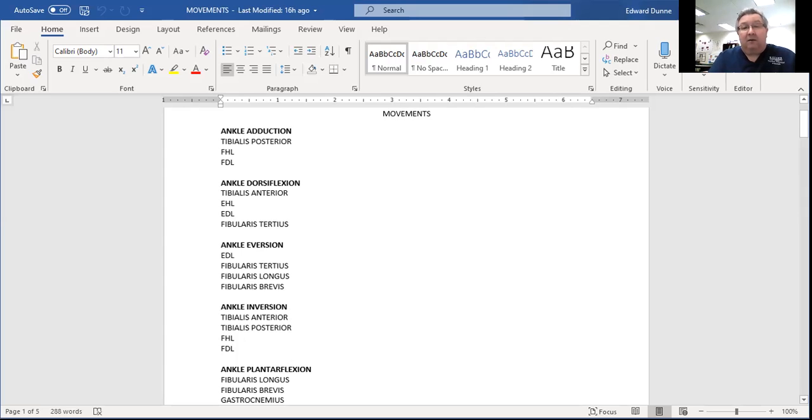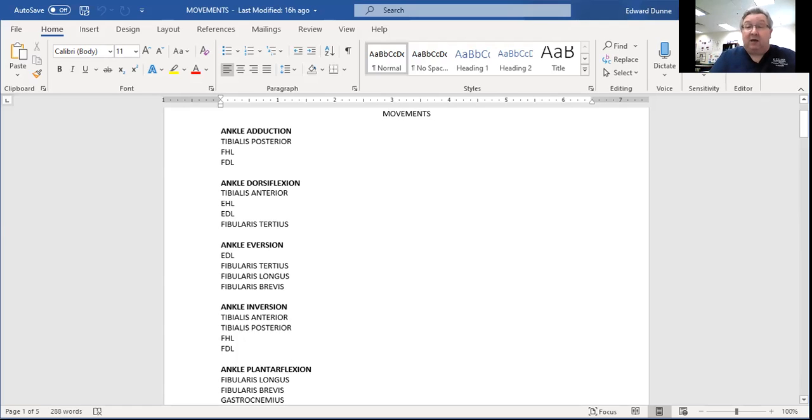Now, Tibialis Posterior comes from the back side. But one of its major attachment points is on the medial portion of the foot, on the navicular tuberosity. And it's because of that insertion that it brings the foot inwards. Flexor hallucis longus is a muscle that attaches to the big toe.